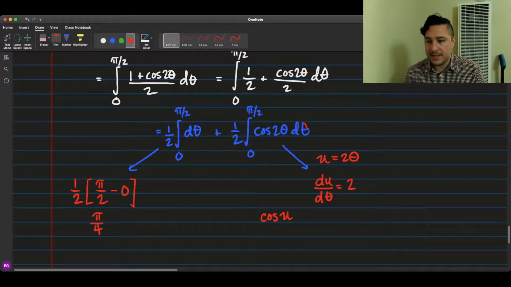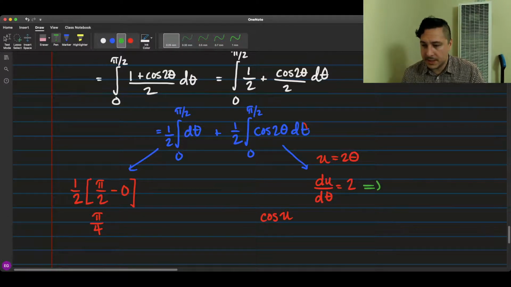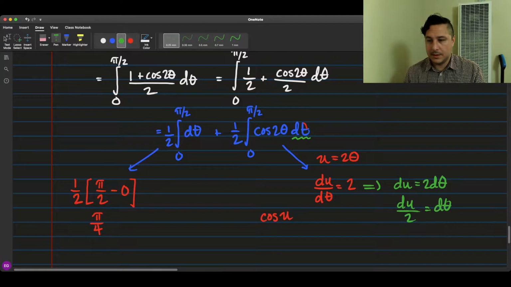Now I need to replace the d theta. So we're going to take this equation and change it a little. I'm going to multiply both sides by d theta, and I get du equals 2 d theta. But I only have the d theta, so I need to bring the 2 to the other side. So du over 2 equals d theta.